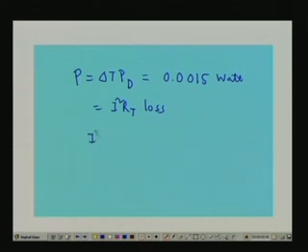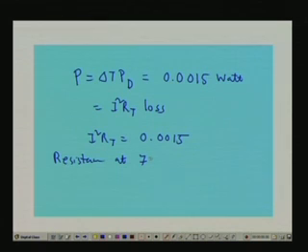So, if I write I square RT equal to 0.0015, the resistance at 75 degree centigrade will be, as we know, 385 ohm.